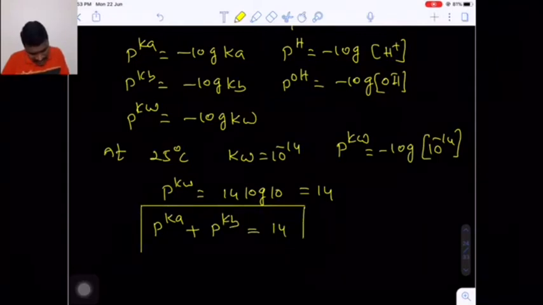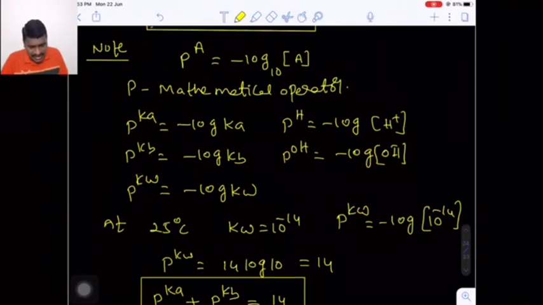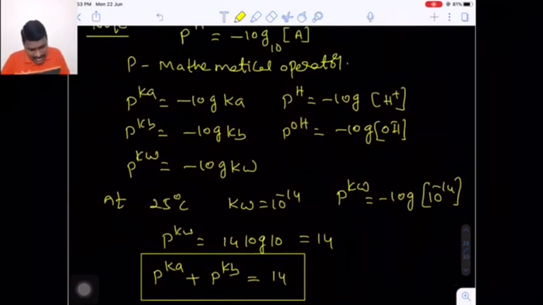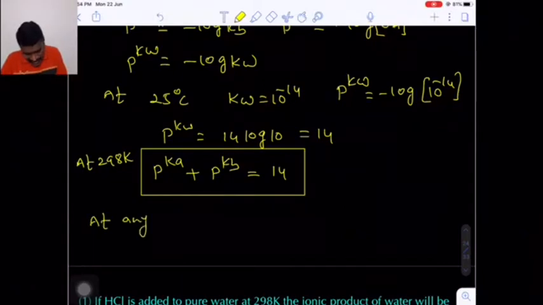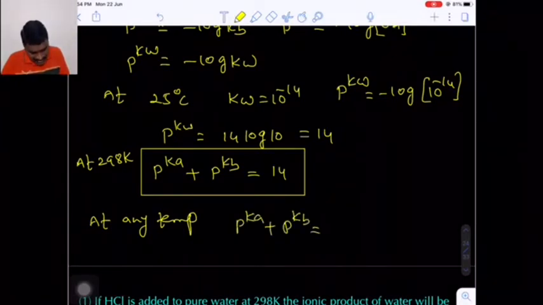If the temperature is room temperature, then we can directly use pKa plus pKb equal to 14. If the temperature is not given, at room temperature, I am writing here. At any temperature that is not mentioned, then pKa plus pKb will be equal to pKw.